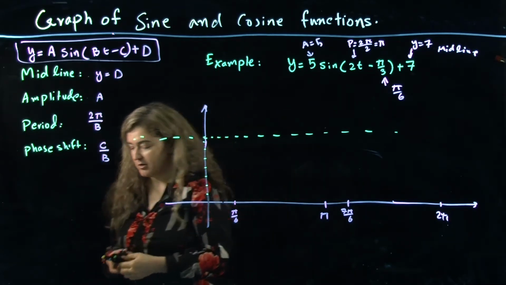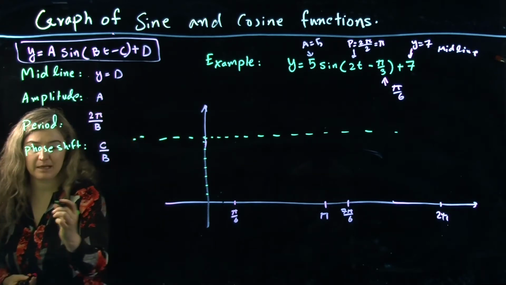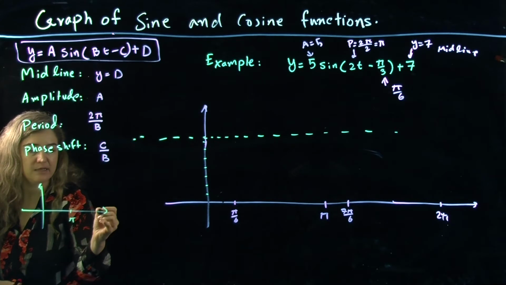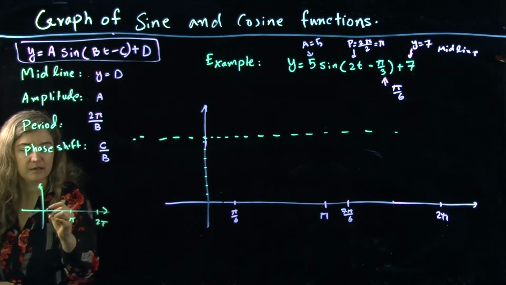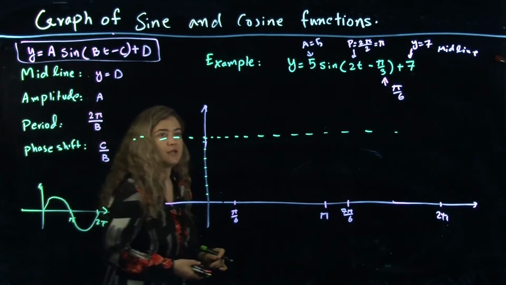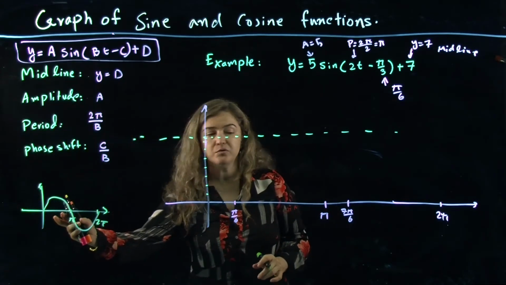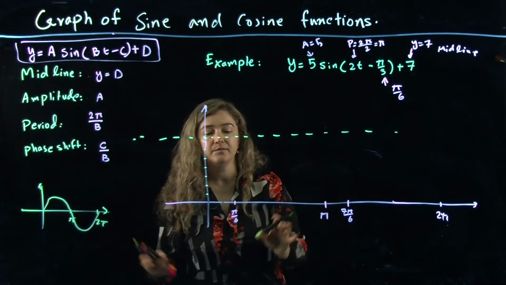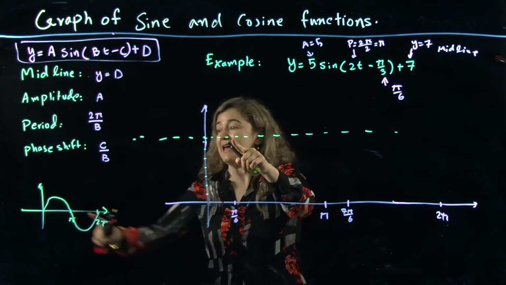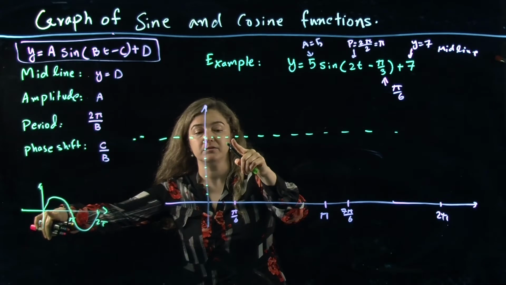If you remember, this was the plain sine function. This was pi, this was 2 pi, and it looked like that. So I'm trying to repeat that over here. At pi sixth, I will be at midline, which is y equal to 0.